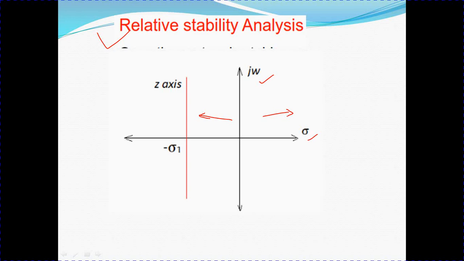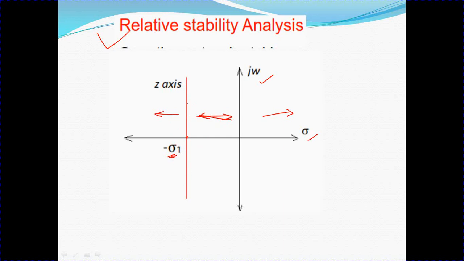Okay, so now relative stability means when the value of sigma, if we change it to some other value, then by using the RH criteria we can determine, with respect to minus sigma 1, whether the roots of the newly formed characteristic equation are going to lie on the left half of the S plane or on the right half of this particular new plane now.